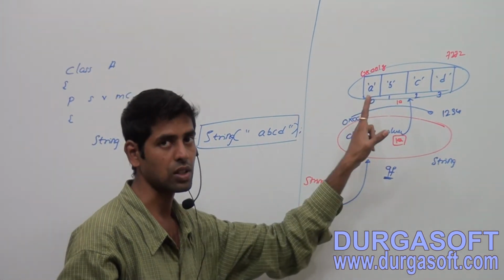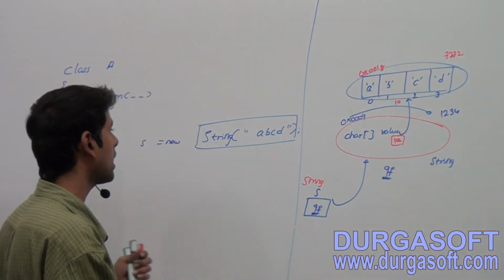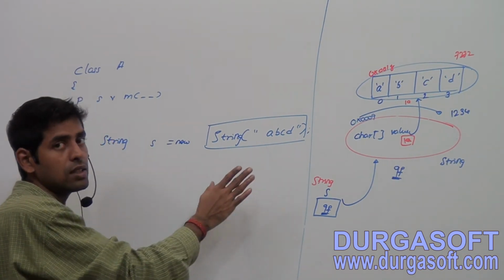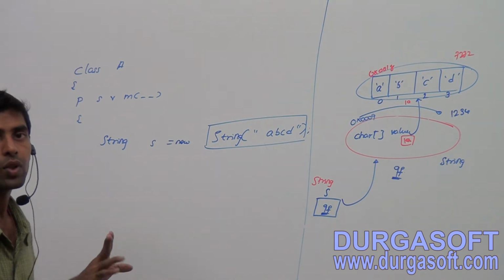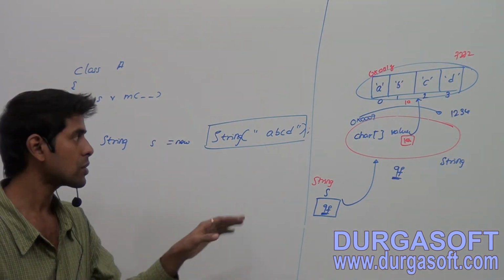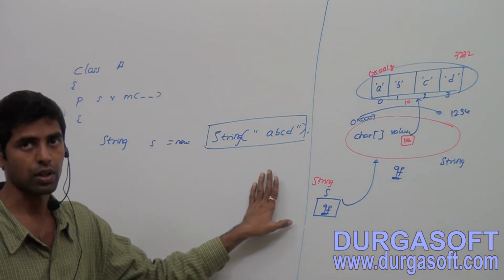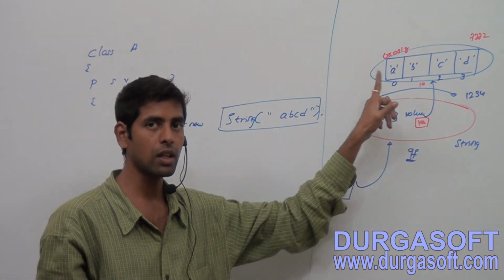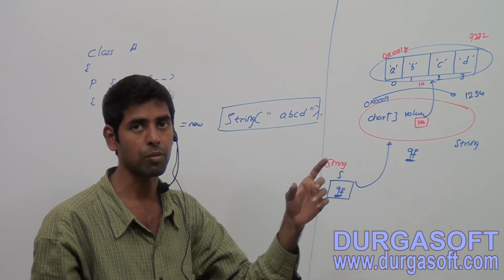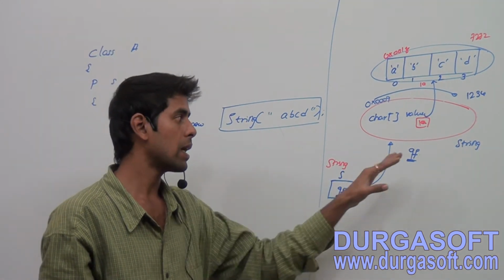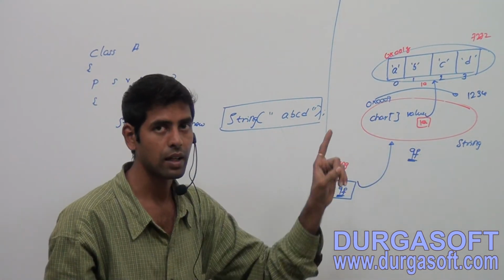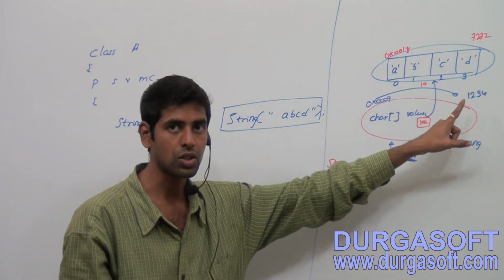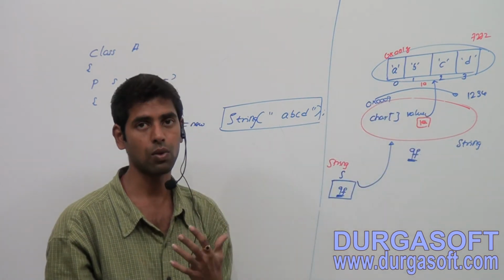So in this fashion, I have created an object for the String class by using the String class constructor having a String argument. Because of the new keyword, an object has been created in memory by the JVM. Each and every object will have an address, and the approximate integer value of that address is our hash code.